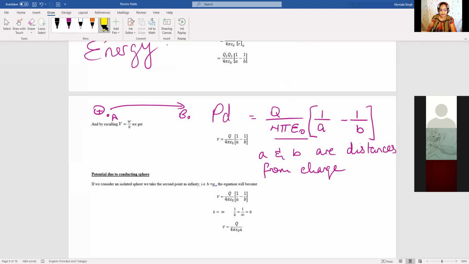Let's get the highlighter up. All right, so your potential difference for moving a charge from point A to point B is Q over 4 pi epsilon naught by 1 over A minus 1 over B, where A and B are your distances from your charge.